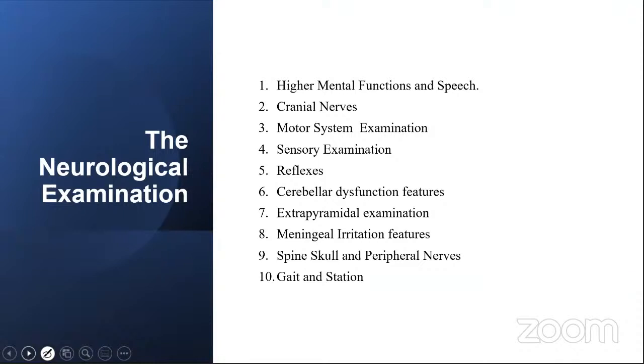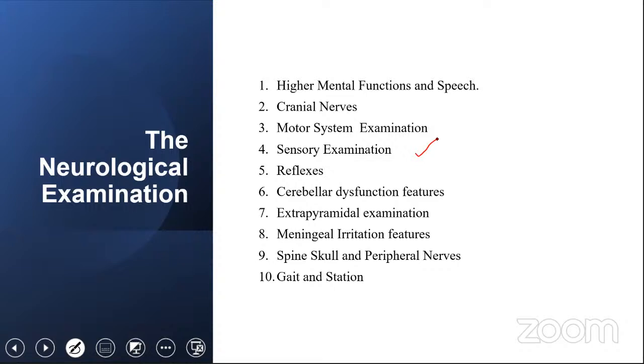So when you address a case of neurology in the outpatient department or inpatient, we follow a systematic way of examination which starts with higher mental functions and speech, the cranial nerves, the motor system, the sensory system, and the reflexes, cerebellar dysfunction features, extrapyramidal examination, meningeal irritation features, the spine and skull, palpation, and peripheral nerves.